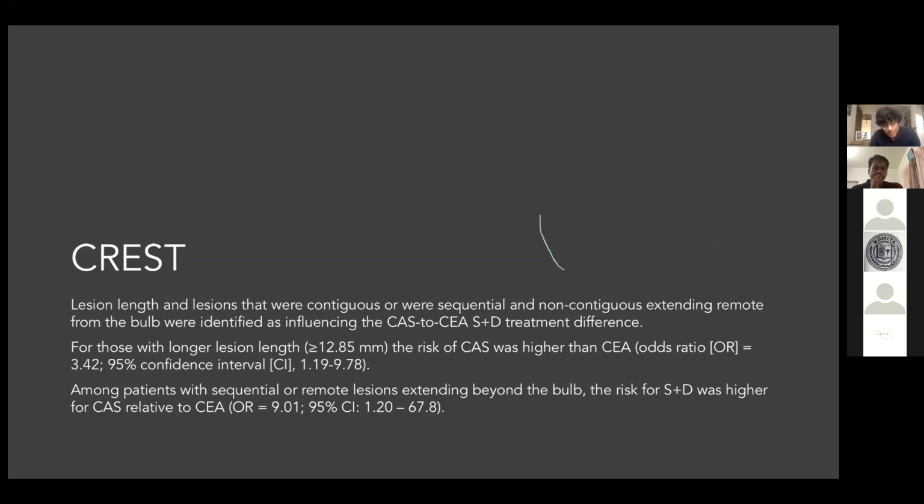The CREST data tells us there were two conditions where results were not very good. First, contiguous lesions, which were sequential, or non-contiguous, which were separate, meaning two lesions in tandem. When carotid artery stenting was attempted in those cases, outcomes were not particularly good.